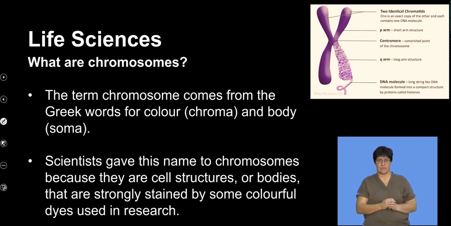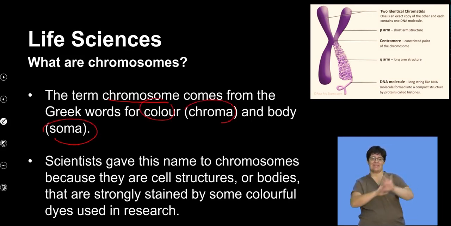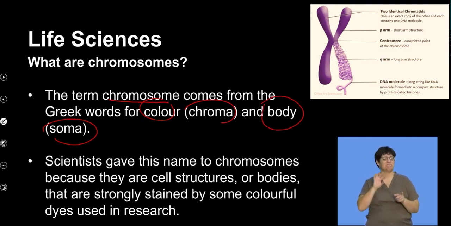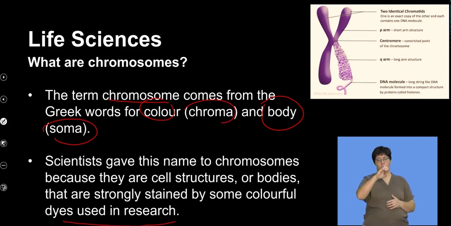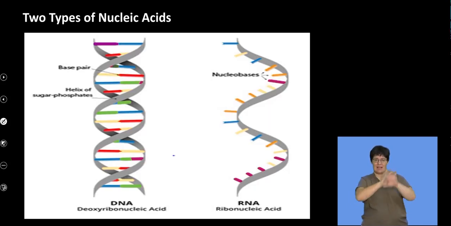The term chromosome is made up of two words, chroma and soma, which refers to color bodies. This is indicative of how chromosomes stain with different colors to produce bright colors, which scientists termed chromosomes, from color and body.